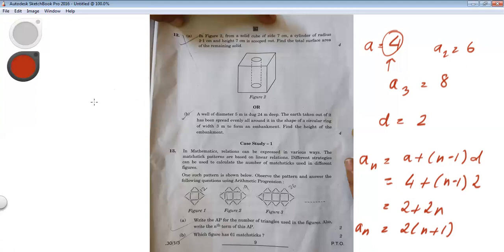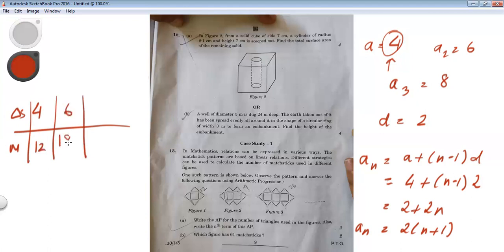As you can see, the relation between matchsticks and triangles: you can write it like this, triangles and matchsticks. For 4 triangles, there are 12 matchsticks.